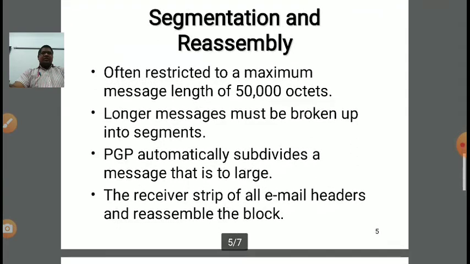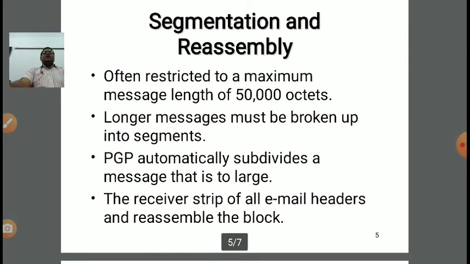Now the next step is very important: segmentation and reassembly. Segmentation means if our email is very large, then we cannot send it all at the same time.